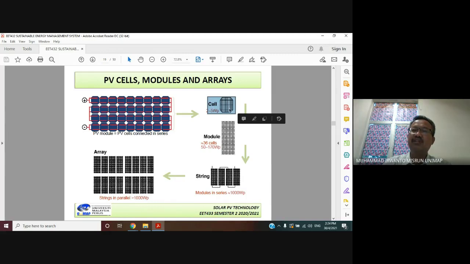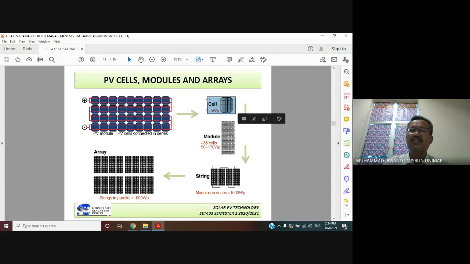Photovoltaic cell. In terms of the capacity, the voltage, current, and also power, a cell is lowest, meaning lowest current, lowest voltage, and lowest power.